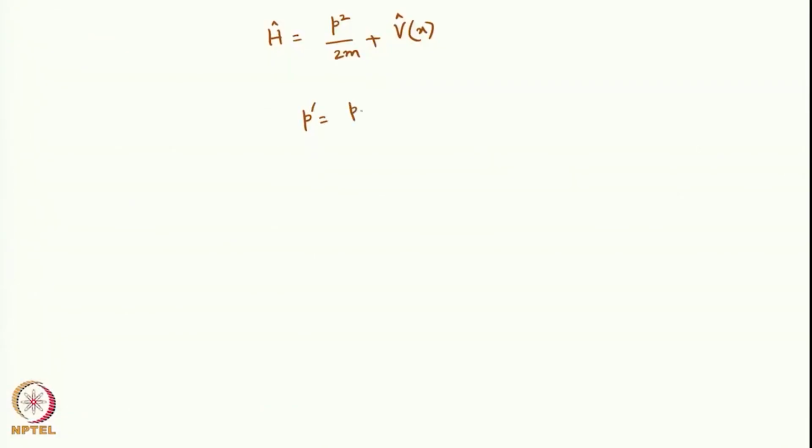So your p prime will be equal to p plus the newly attained momentum because of the electric field, and that is the perturbation that you have. So your p prime will now be equal to p minus QA. So your Hamiltonian H will be p prime square by 2m plus V of x.